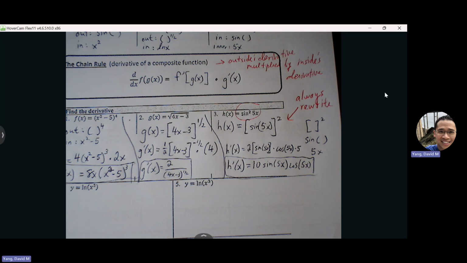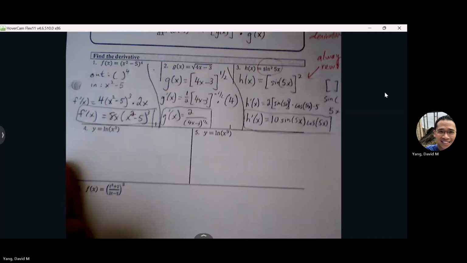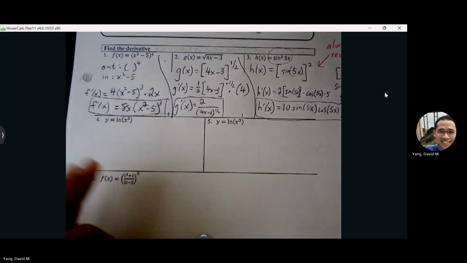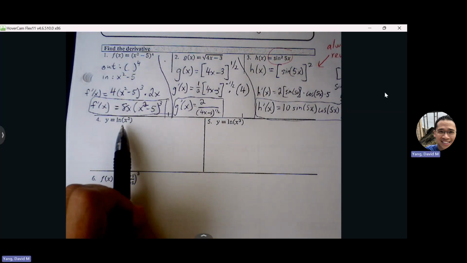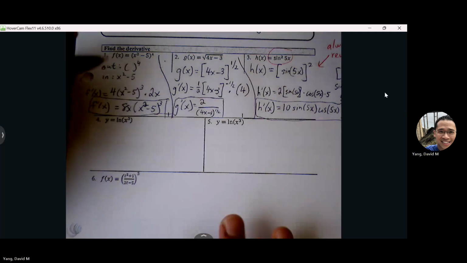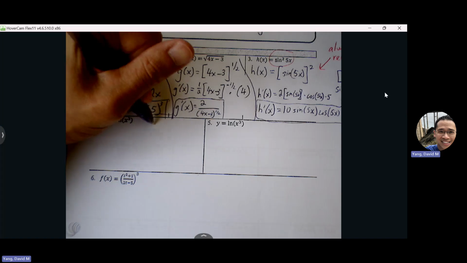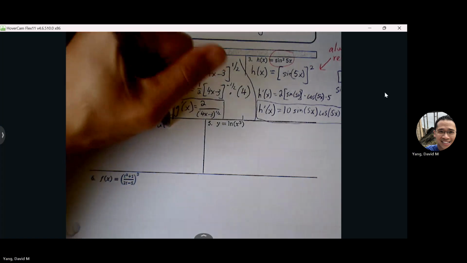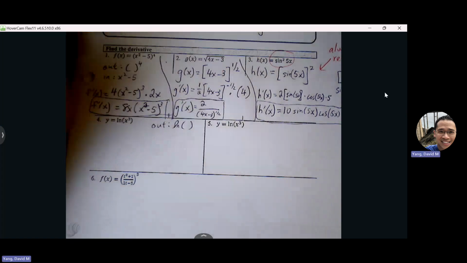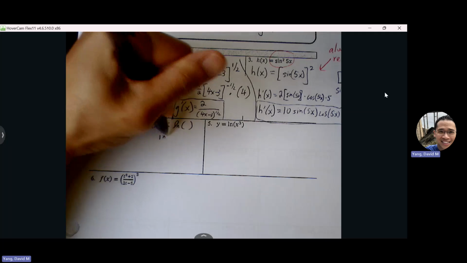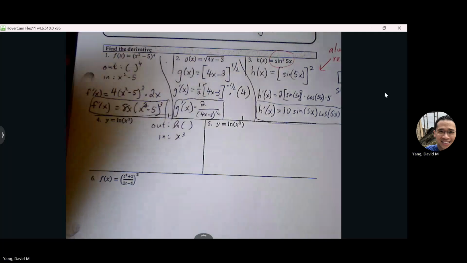All right, number 4. Natural log of x cubed. We can think of it as there's an outside portion, natural log, parentheses, and then my inside portion is my x cubed.